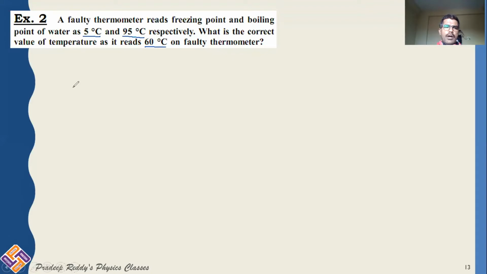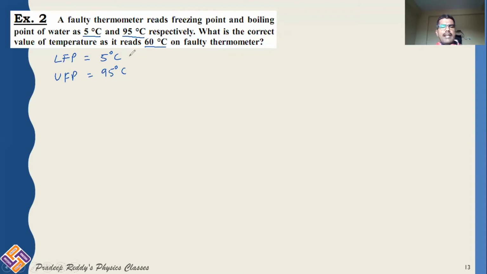On the faulty thermometer, the lower fixed point is given as 5 degrees Celsius, and the upper fixed point is 95 degrees Celsius.